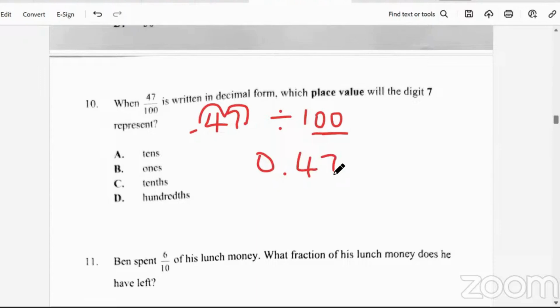Now they're asking us, what's the place value of the digit 7? Okay. Since I don't have any space at the top, I'm going to be doing it at the bottom. So this 0 would pretty much be in the ones place. Okay.